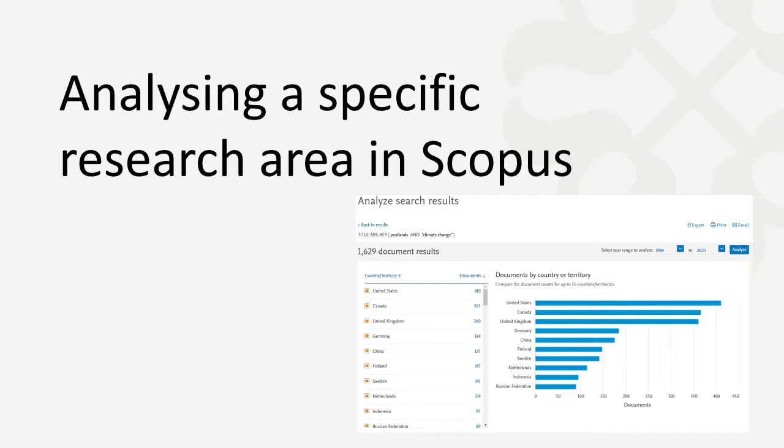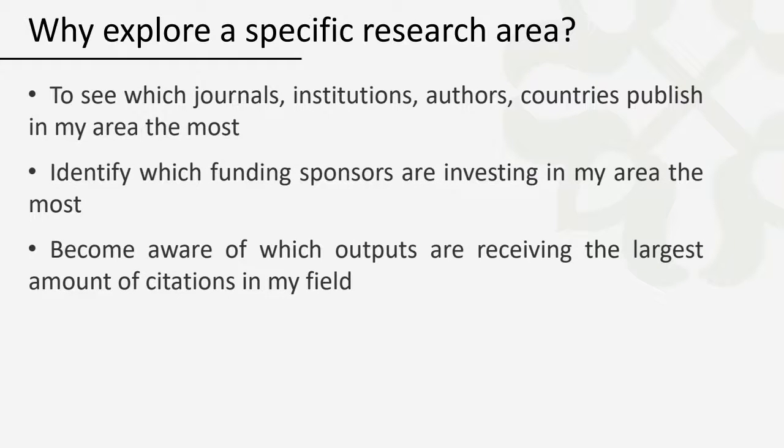I'm going to start by showing you how you can use Scopus to analyze the sources in a specific research area. Okay, and this might be useful if you're hoping to publish your journal article, but you just want to see where other articles on a similar topic are generally published. So you can see which journals, institutions, authors, and countries publish in your research area the most.